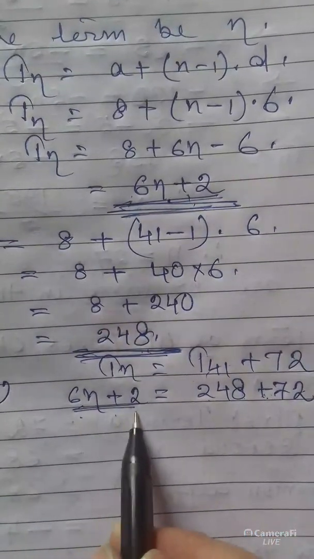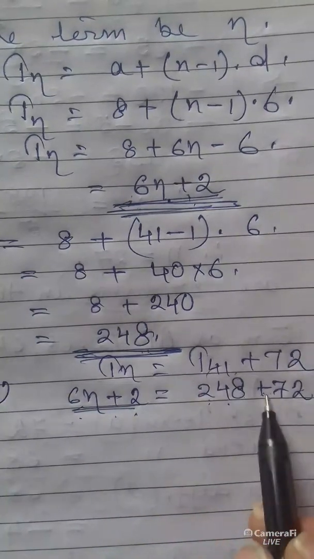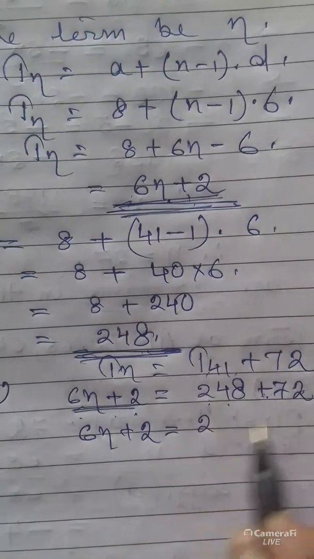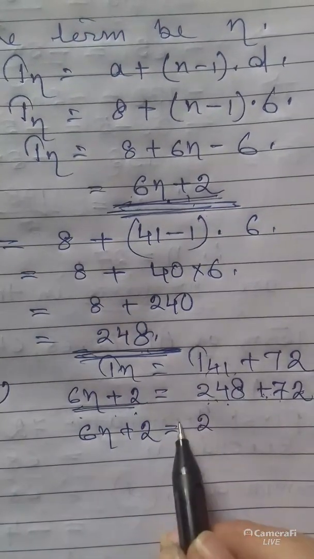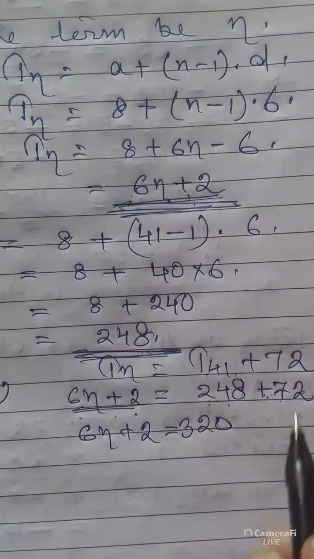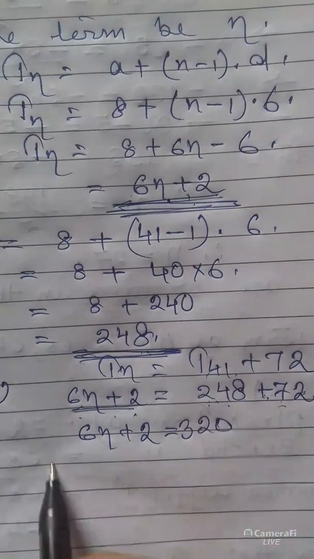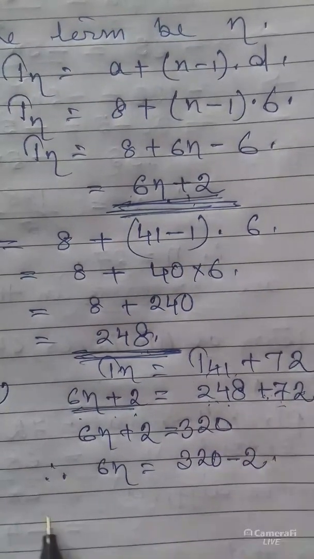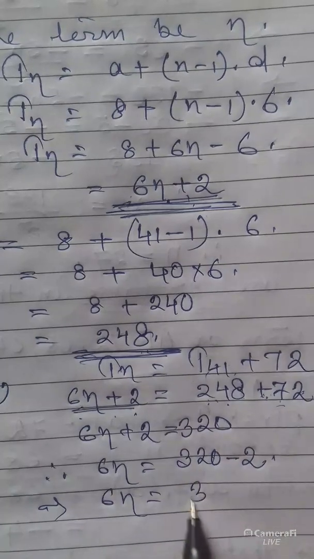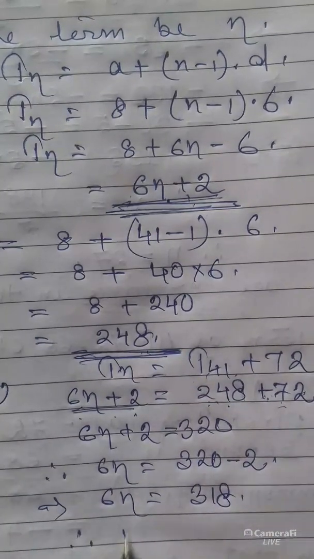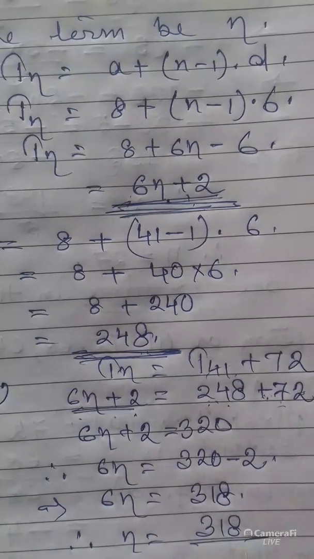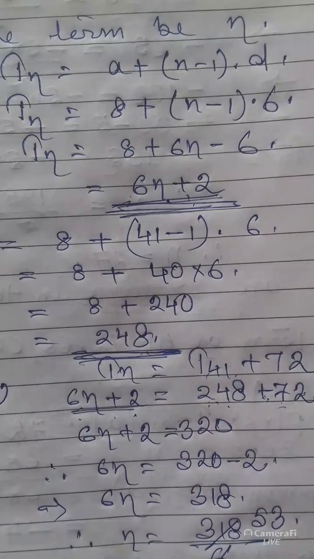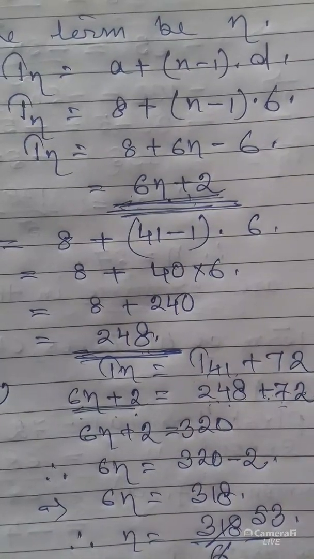So Tn equal to 6n plus 2 and T41 equal to 248, plus 72. Now 6n plus 2 equal to 248 plus 72, means 320. Therefore 6n equal to 320 minus 2. 6n equal to 318. Therefore n equal to 318 by 6. N equal to 53.